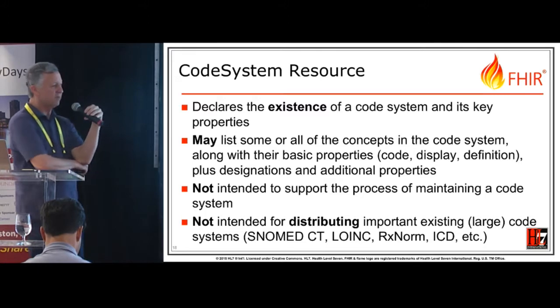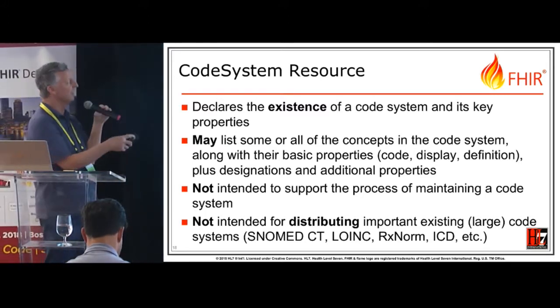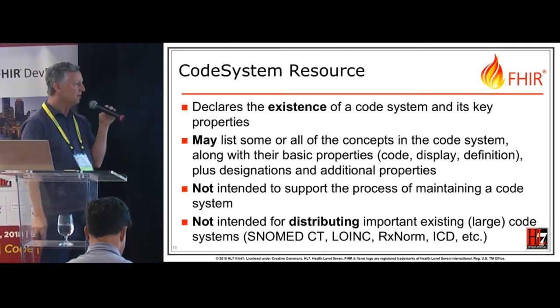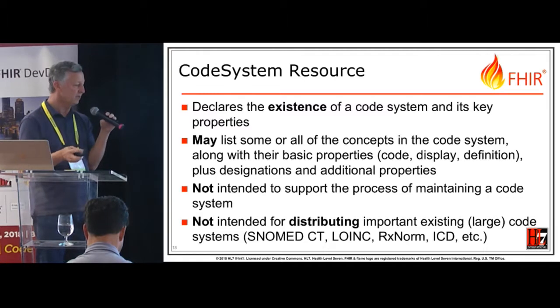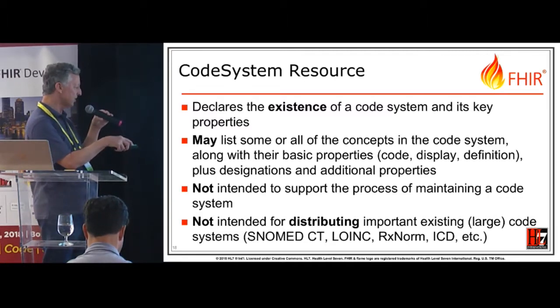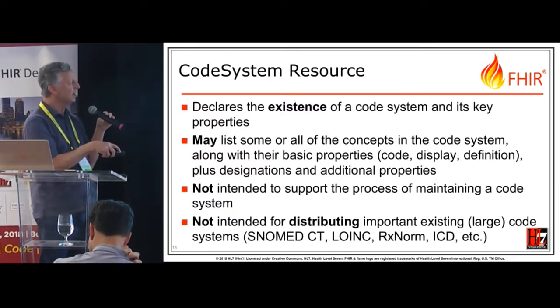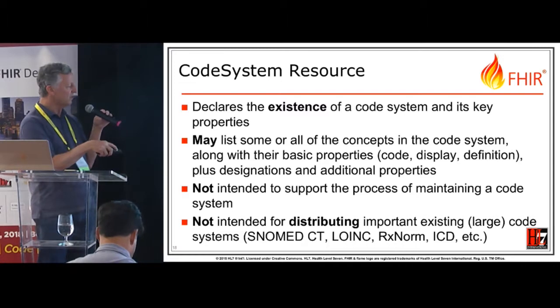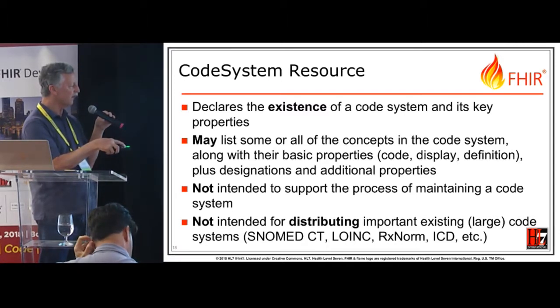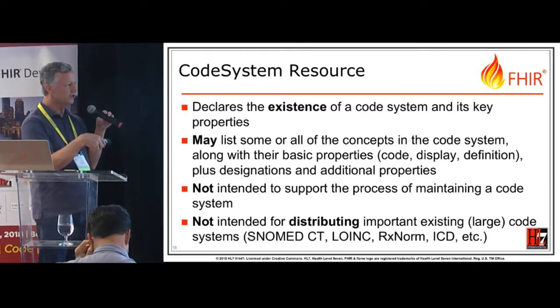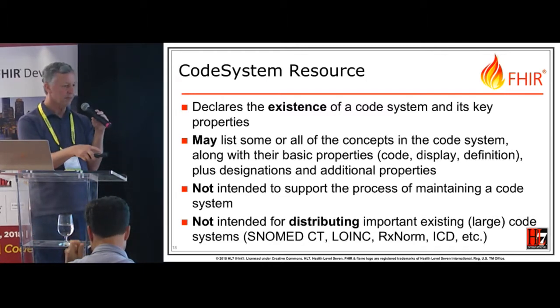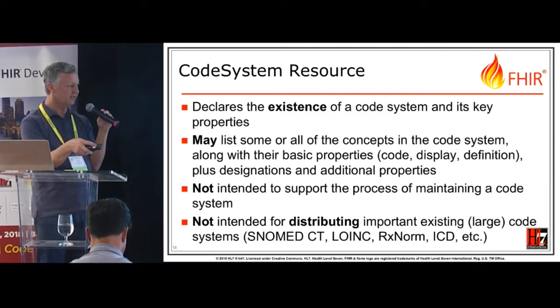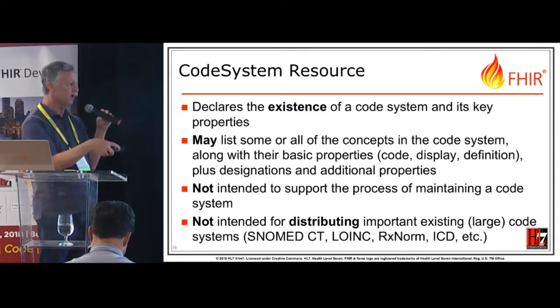Okay, so the question is about whether this, let me see if I can rephrase your question, we know that code systems change over time, some slower, some more rapidly, but I guess the question is whether this is talking about that and whether it's not intended for that activity to be done here. And I think my answer is that we don't expect the FHIR mechanisms to be used to do that activity, but we do expect the code system publisher to be doing that activity, and then we'll expose that using the FHIR code system resource.